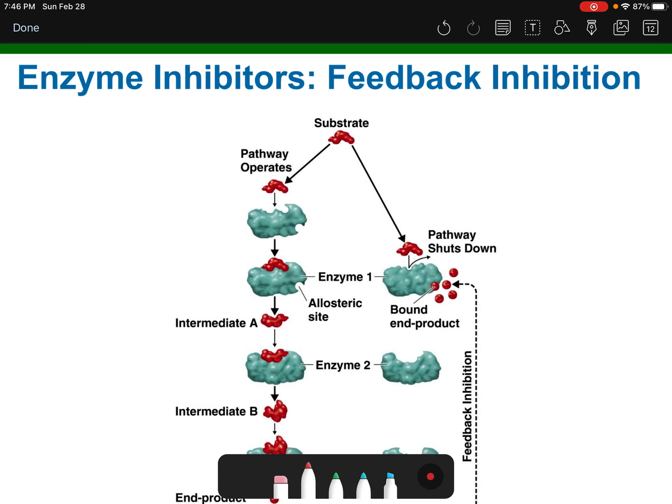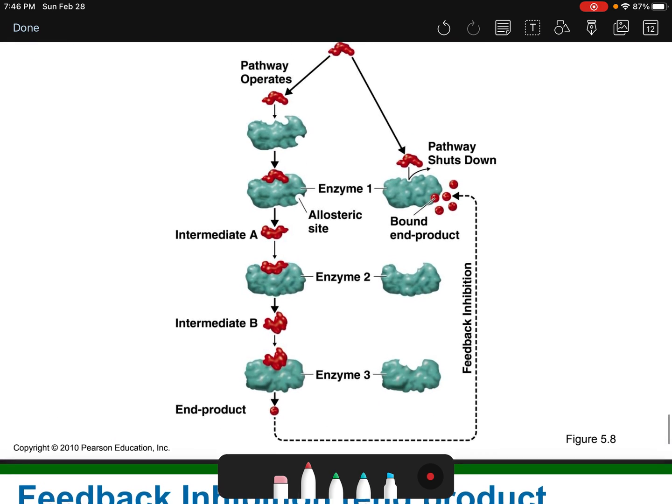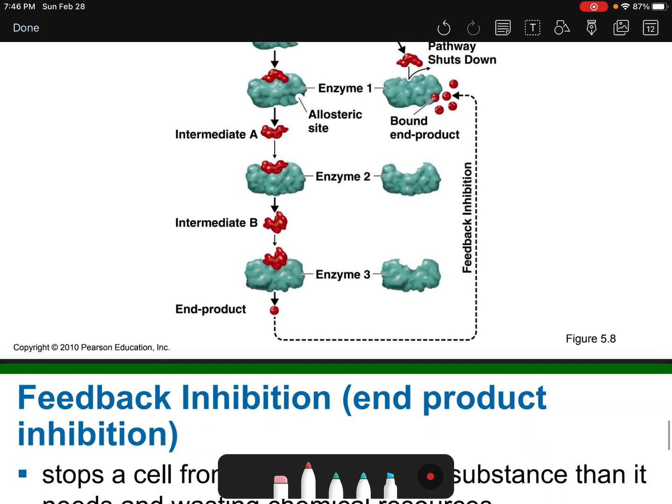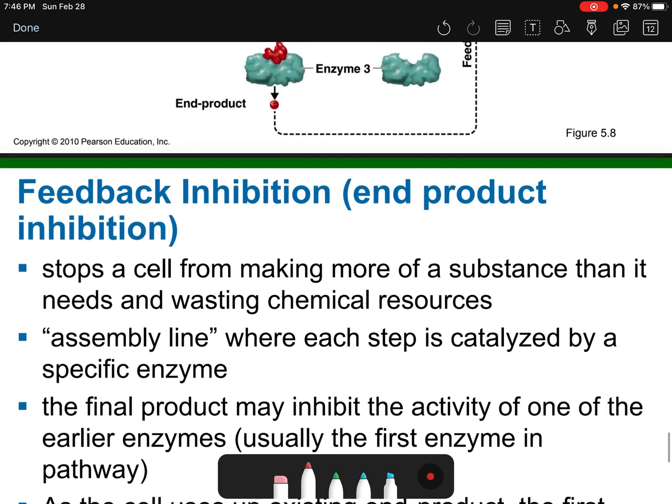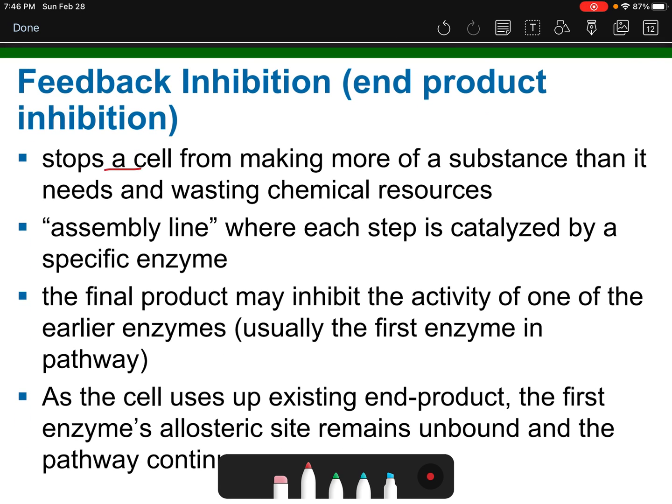Also, we have what's known as feedback inhibition, which is end product inhibition. Basically, it stops the cell from making more of a substance than it needs and wasting chemical resources.